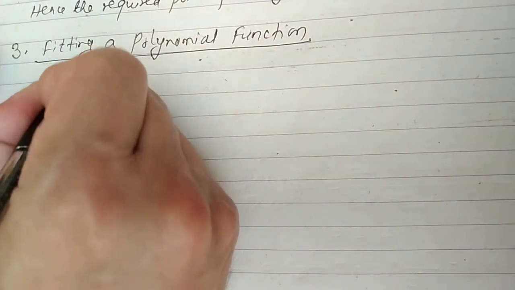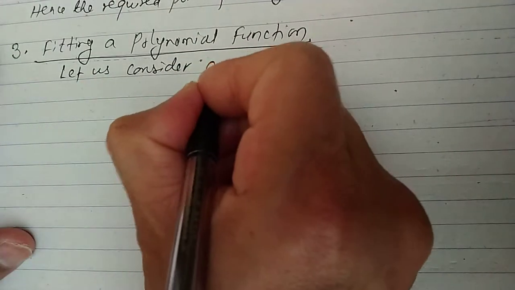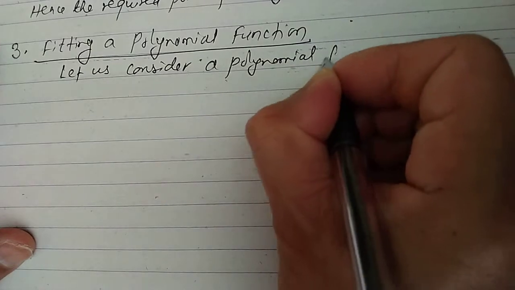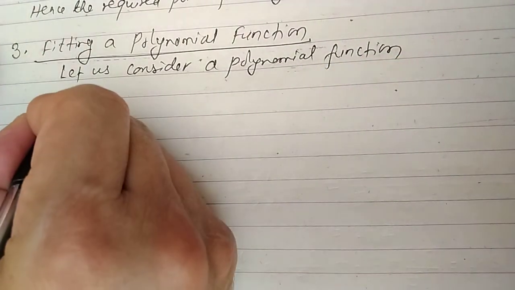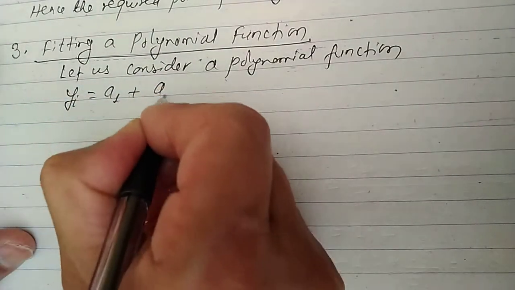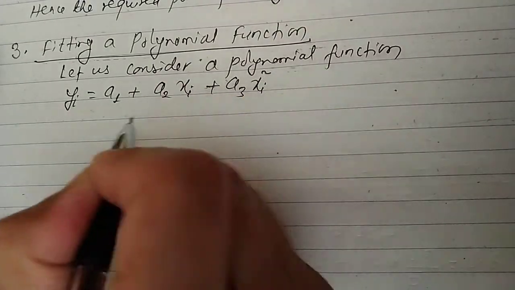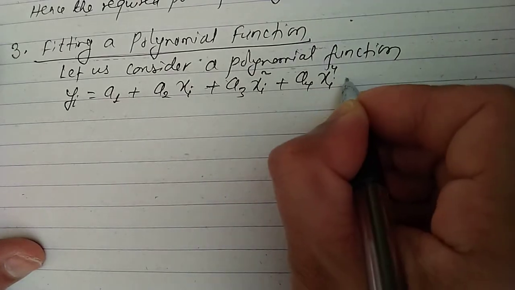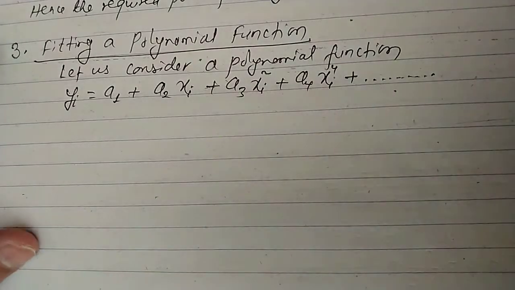So let us consider a polynomial function. yi equals a1 plus a2 xi plus a3 xi square plus a4 xi power 4 and so on.